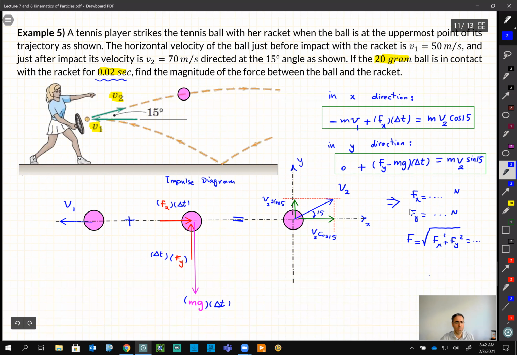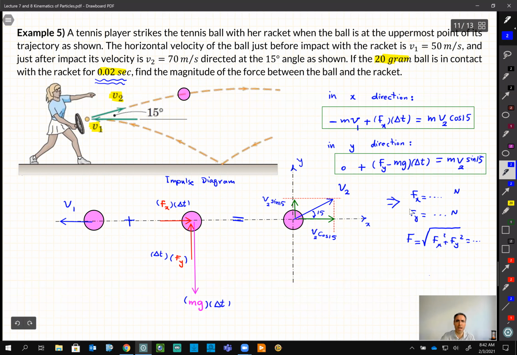Now I'll let you guys write the note, take a moment and make sure that you understand it. Again, if you could understand this problem, then that's great. It means you can solve any problem involving impulse and momentum. How do we know if the question is related to impulse and momentum? The key thing is time, basically.